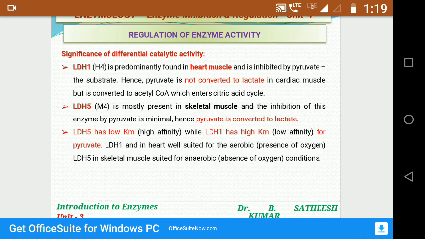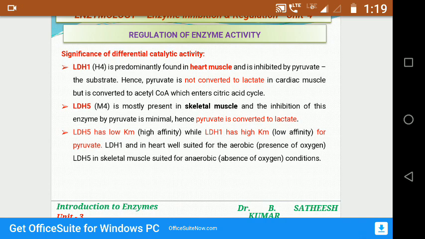Therefore the pyruvate is converted to lactate, and that favors the anaerobic respiration process. So in heart aerobic respiration is favored, and in skeletal muscle anaerobic respiration is favored, and that is because of the different isoforms, LDH1 and LDH5.